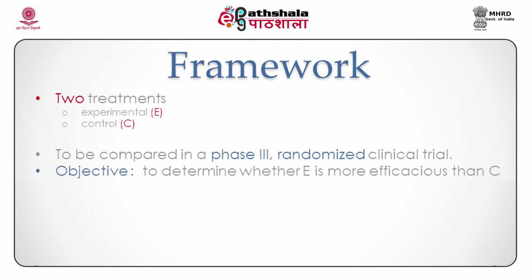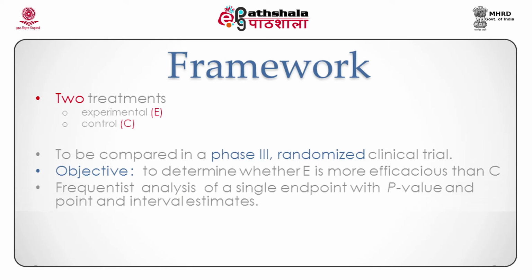Our objective here is to determine whether E is more efficacious than C. This conclusion can be drawn based upon some single patient response. In this paper, we shall focus on frequentist analysis and try to arrive at a p-value and point and interval estimates of the advantage which E has over C.